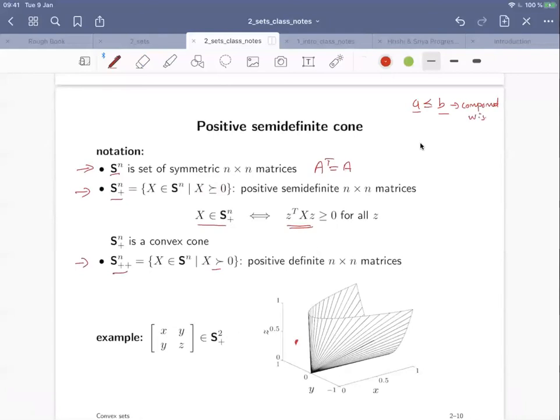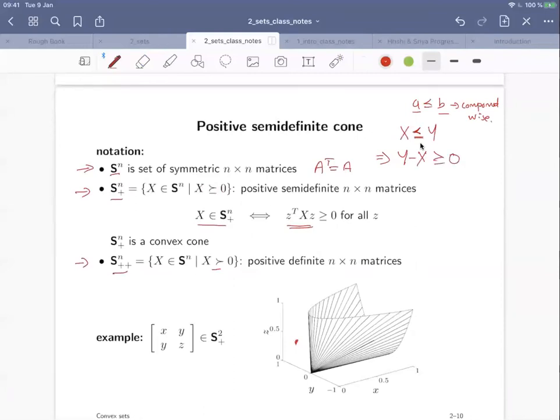Now we are comparing two matrices. X is less than or equal to Y. This is a different inequality, which implies that Y minus X is positive semi-definite.